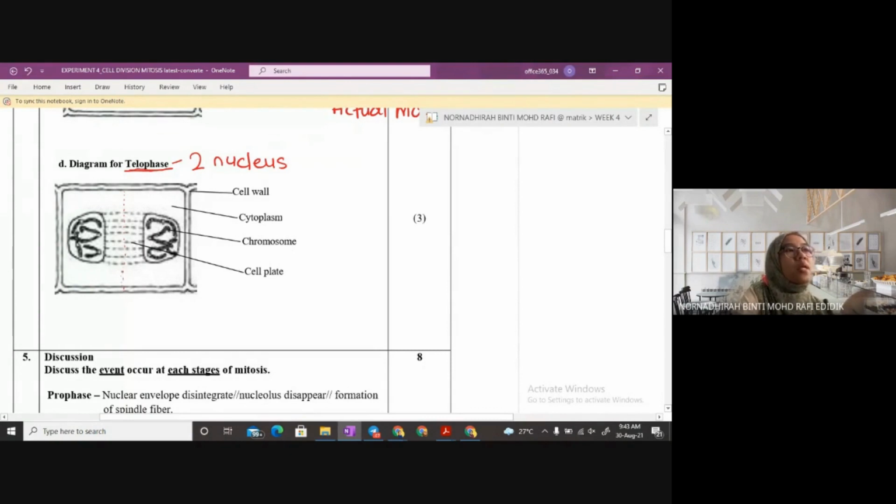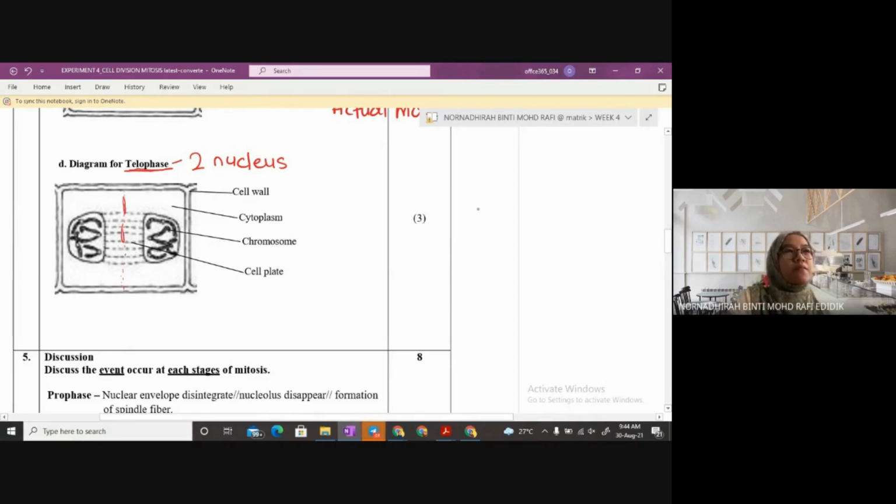Tapi untuk plant cell cara dia kita akan guna istilah apa ya? The formation of apa namanya? Something plate. Alah, saya dah tak ingat dah. Tapi tak apa. Bukan penting untuk dalam eksperimen kali ni. Tapi plate lah something.